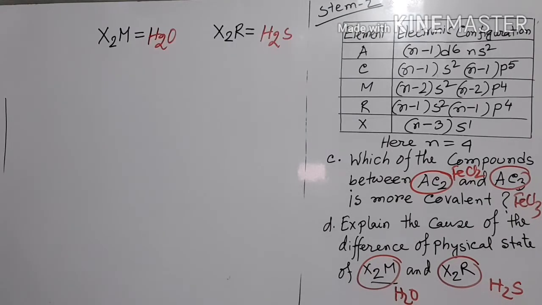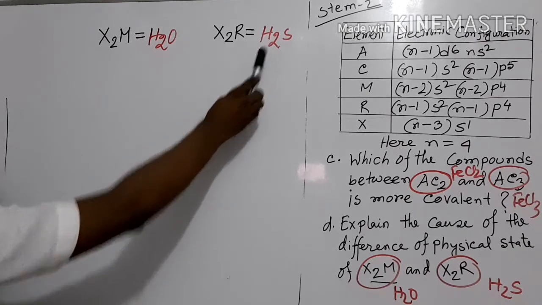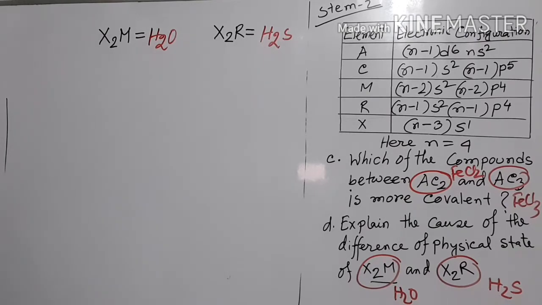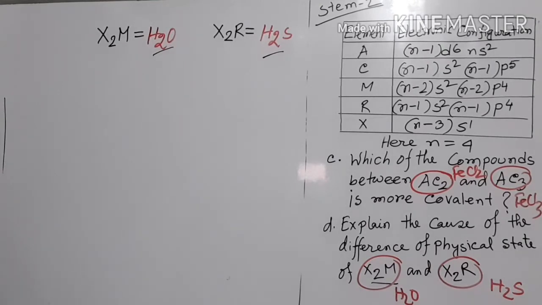Physical state of H2O and H2S. Oxygen and sulfur are of the same group, and the hydrides of oxygen and sulfur are H2O and H2S.